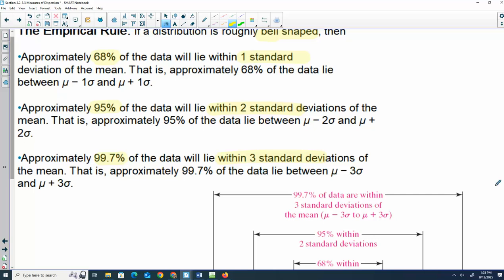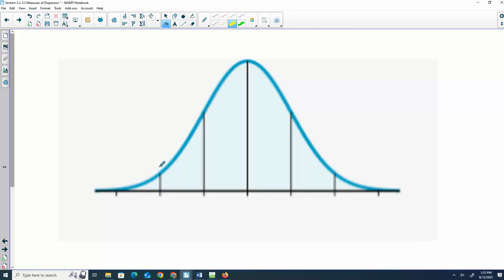So I want to explain it in terms of an example. Let's say I gave you a set of data, and in my data, the mean is 60, and we have a standard deviation of 4.